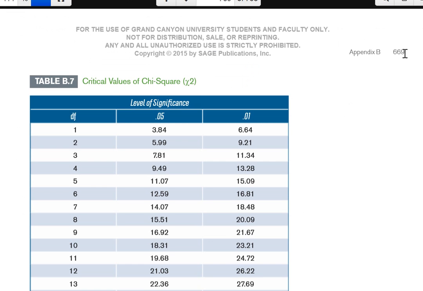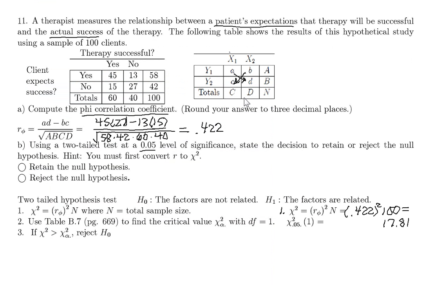Here's the table, page 669 in the back of the book, critical values for chi-squared. You see that looks like an X squared. Our level of significance is 0.05, and our degrees of freedom is 1. So this value is the correct one. The 3.84 is what we want. So let's go back. That's our critical value, 3.84.